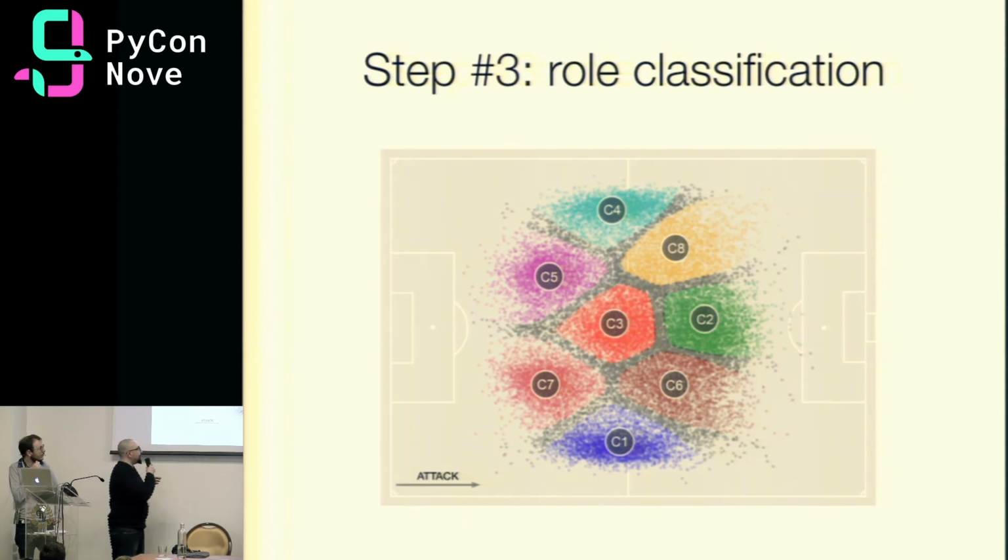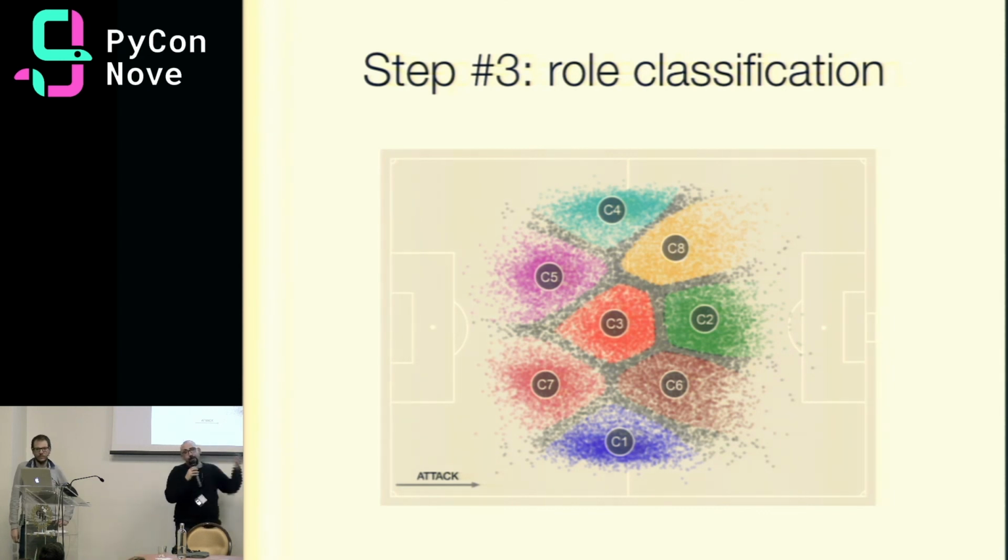Note that there are some gray points. These gray points are the hybrid roles. That is, roles that cannot be reliably defined by the algorithm as belonging to one cluster or the closest one.